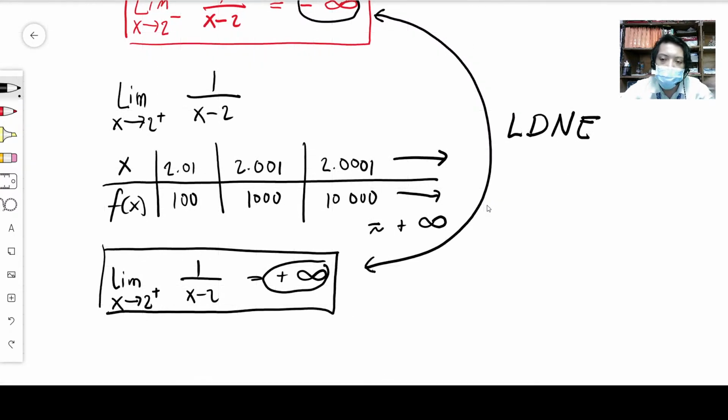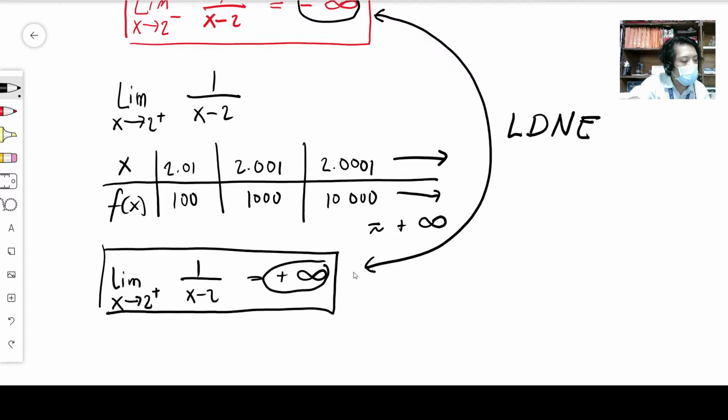So sometimes you can solve for the limit just by direct substitution, but sometimes you need to be careful, because for some functions, when you directly substitute you get a value, only to find out that the right hand limit and the left hand limit of that function are different.